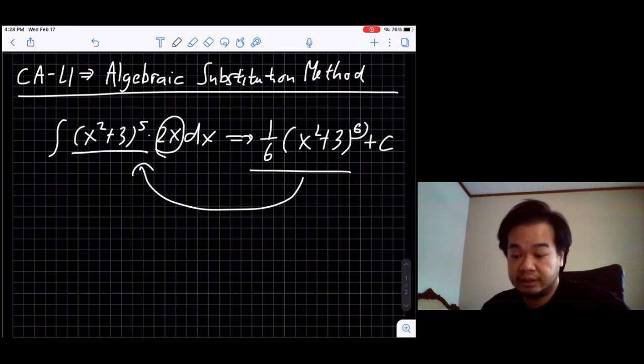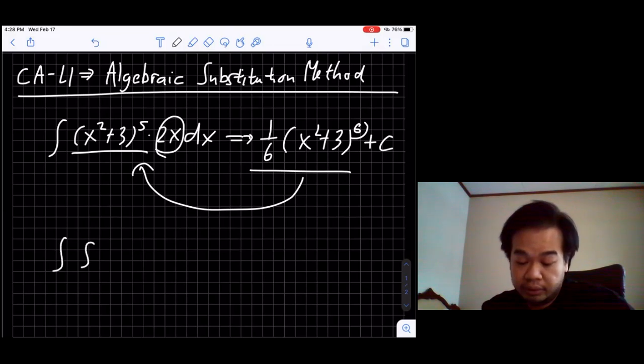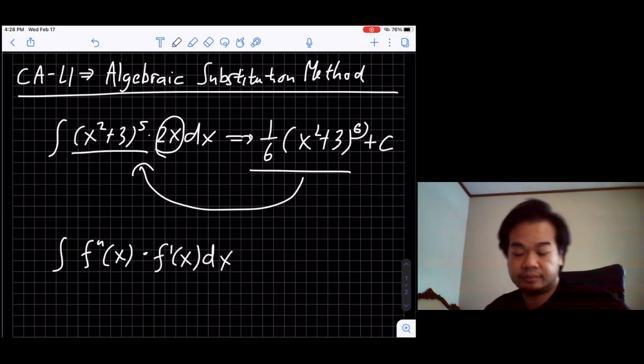Basically, there will be a composite function. The general form will be like this: f to the power of n of x, times f prime of x dx.